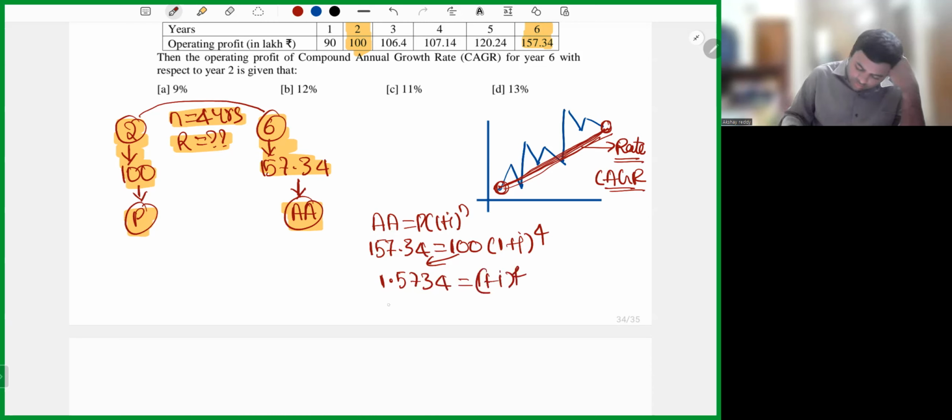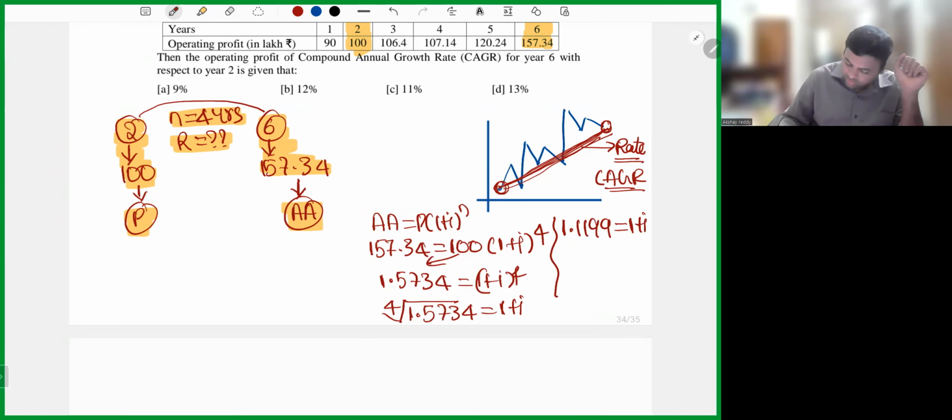Take 4 there. 4th root of 1.5734 is equal to 1 plus i. Sir, how will you compute 4th root? Don't press root symbol 4 times. You should press root symbol only 2 times. 1.5734, press root symbol 2 times. You will get 1.1199 is equal to 1 plus i.